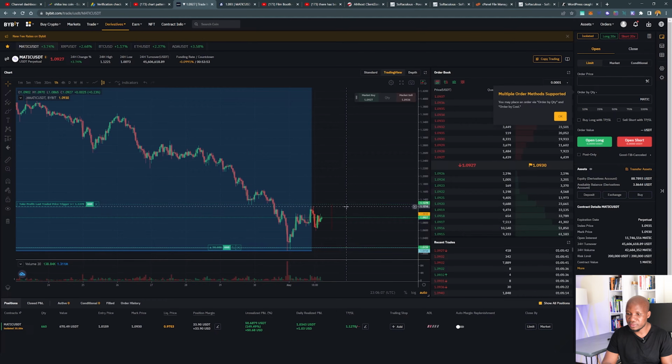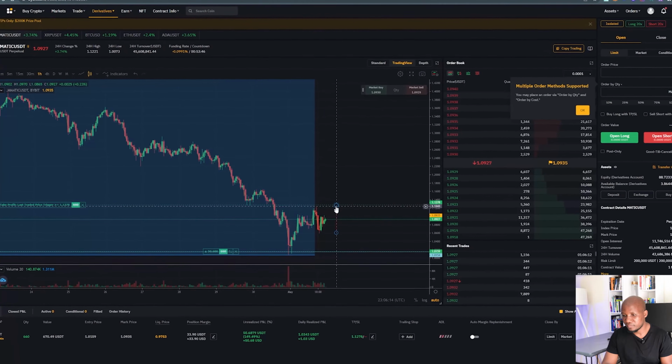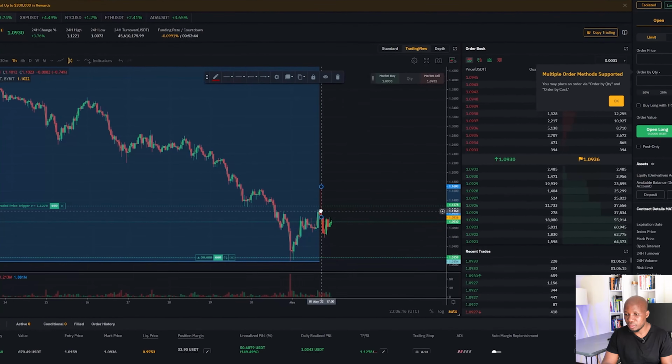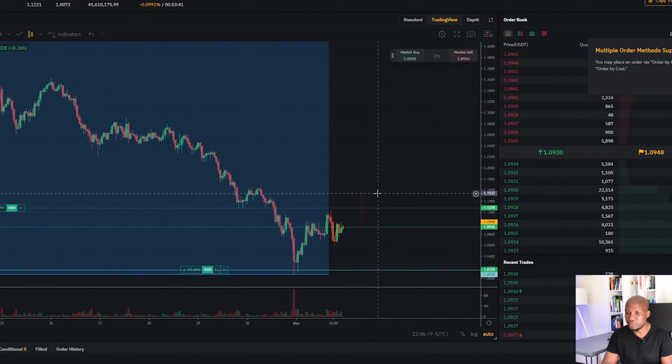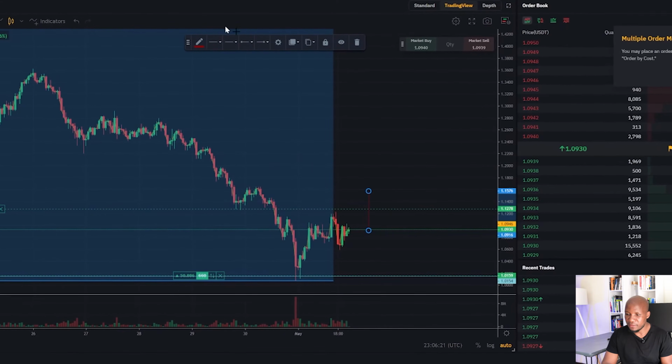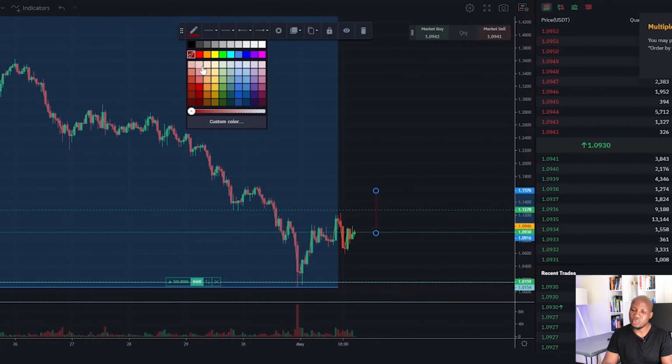So I'm expecting the market to come and touch on top here or start moving sideways. So maybe let me bring this over here, and if the market does push even higher than that, maybe let's change the color to white so that you can see. If it pushes beyond that, I'll be looking to open a short position.